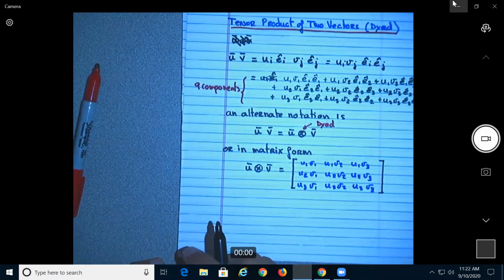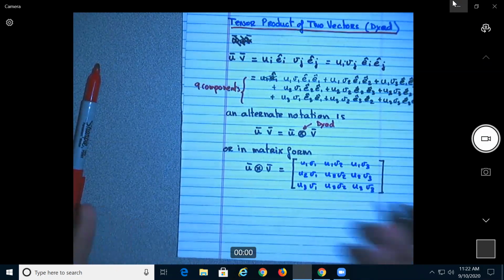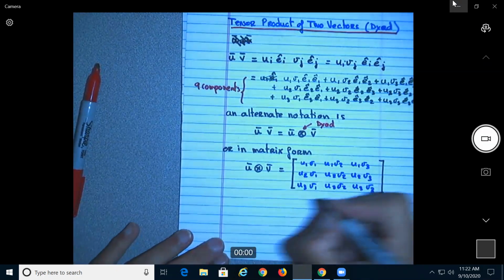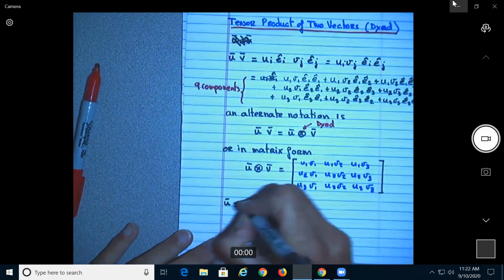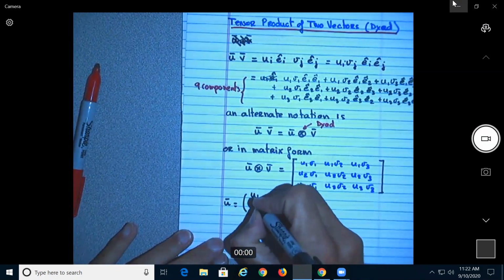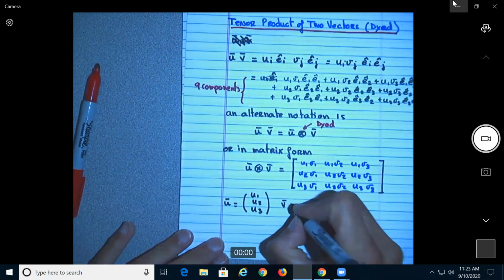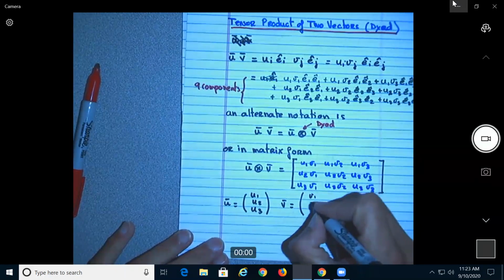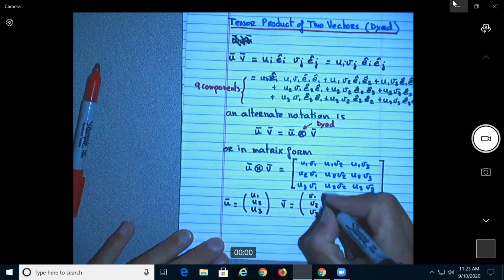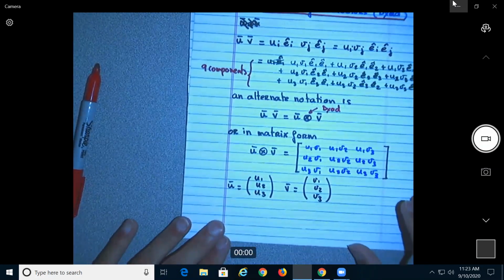Or also in matrix form, how could you write it? It would be the same thing. Let's say that u is equal to u1, u2, u3, and v is equal to v1, v2, v3. This will be just a matrix operation.